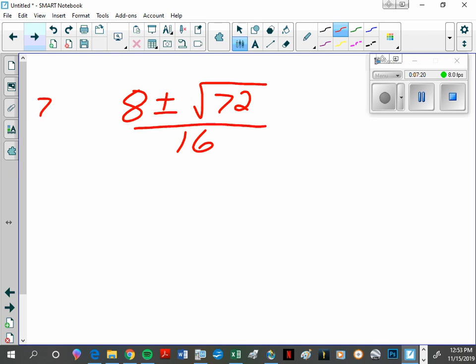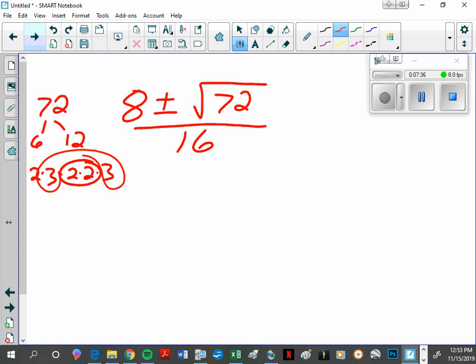Well, 72 is made up of 6 and 12, 2 times 3, and 12 is made up of 2 times 2 times 3. Can I pull anything out? Pair of 2s and a pair of 3s. So 8 plus or minus, what goes in front? So I pulled out a 2 and a 3. So I write 6. What did not come out? The 2.